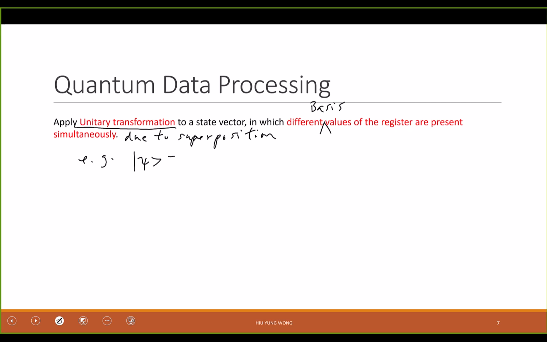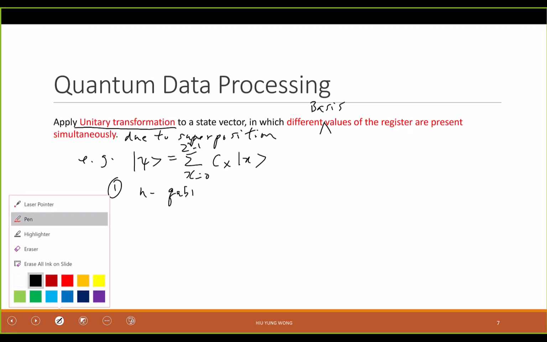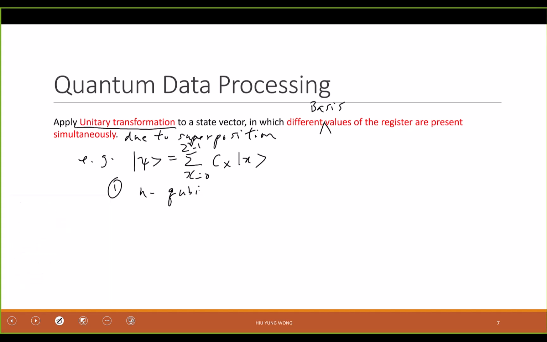So for any quantum register, let me write it again: psi equals the summation over x from 0 to 2 to the power n minus 1 of Cx |x>, right? So I have all this together. If I have n qubits, then this is a 2 to the power n dimensional space. Now, how do I process it?